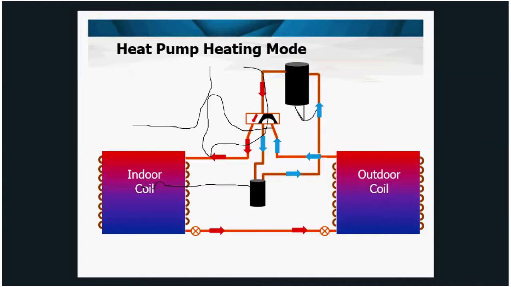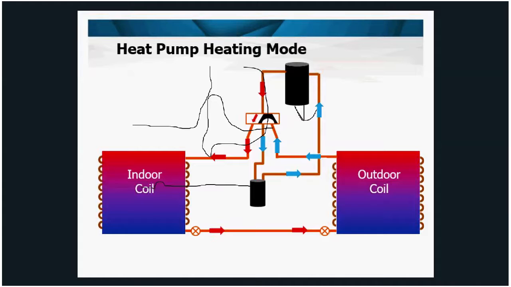We do tend to build up frost on the outdoor coil. It will frost up and ice up. As that ice builds up, that reduces the airflow across the coil, and it causes even more frost to build up. So roughly every 90 minutes, and it's adjustable between 30 minutes, 50 minutes, and 90 minutes, but roughly every 90 minutes, the system will go into a defrost cycle.